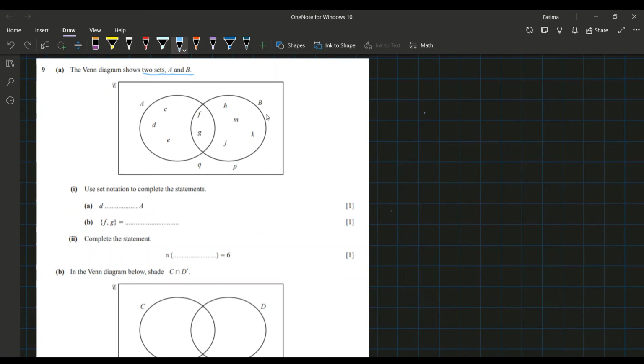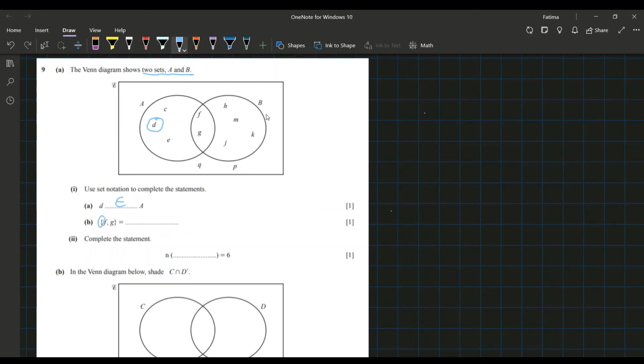So in the first statement, it's d, blank, A. Now we need to check the relationship between lowercase d and A. So you should immediately notice that d is present in set A. Because of that, d is an element of A, and you would denote it with this notation.